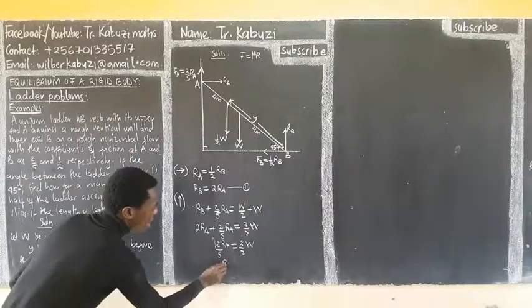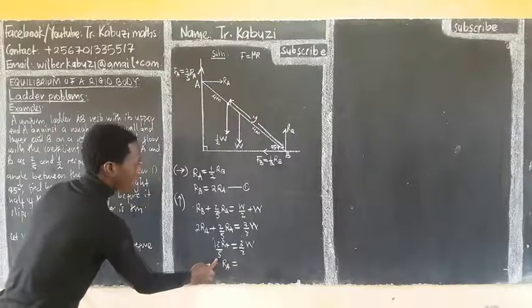So it implies that from here, our R A is going to be this.